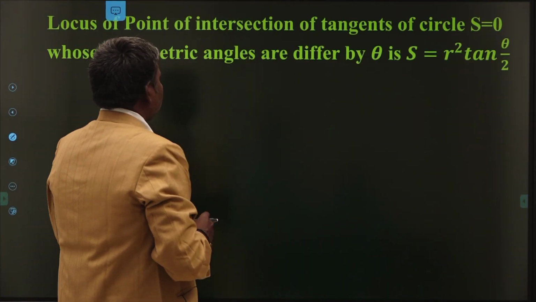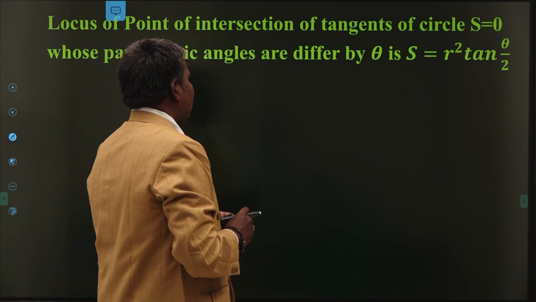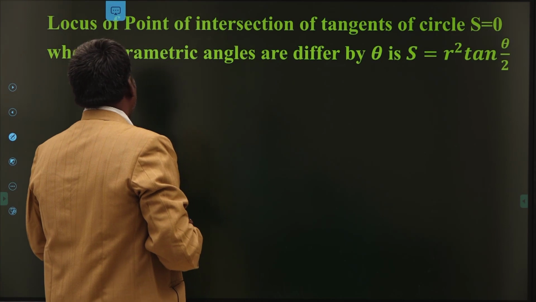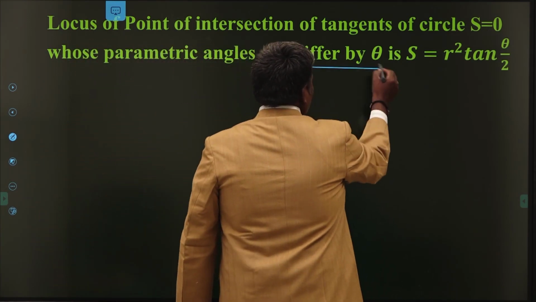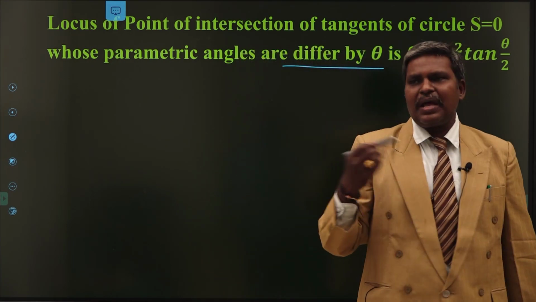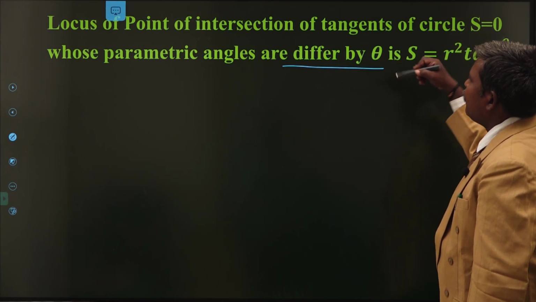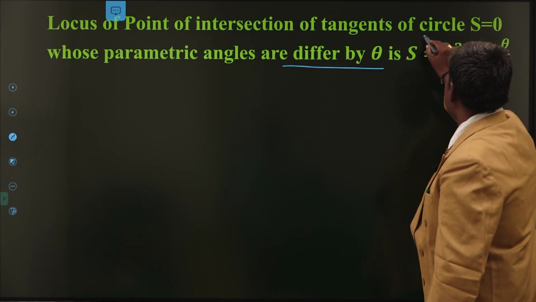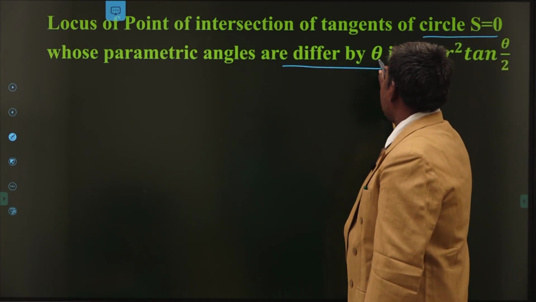See this concept. Locus of point of intersection of tangents of the circle S is equal to 0 whose parametric angles differ by theta. This is not the angle between the tangents. This is the angle whose parametric angles difference is theta. That means we are going to find the locus of point of intersection of tangents of the circle whose parametric angles differ by theta.